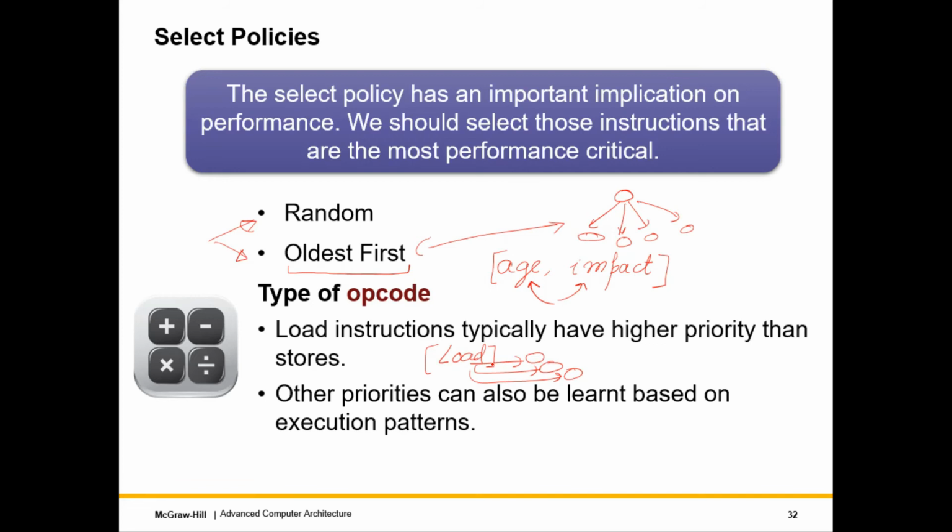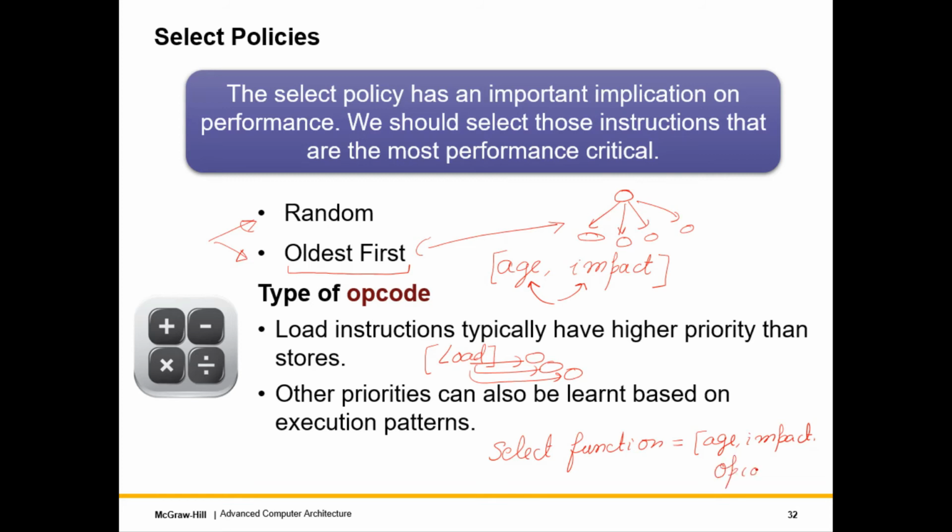So most modern select units design a select function, which is a rather complicated function, and also the function can change over time. So a lot of learning is involved over here, which is a function of the age, the impact of the instruction, as we discussed, the number of instructions dependent on it, and also the opcode.